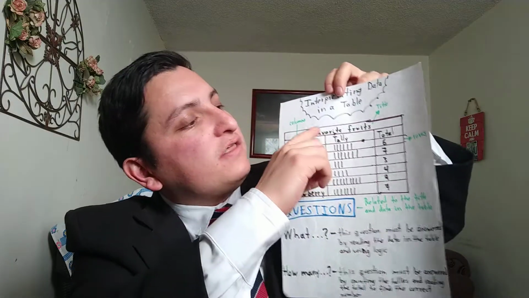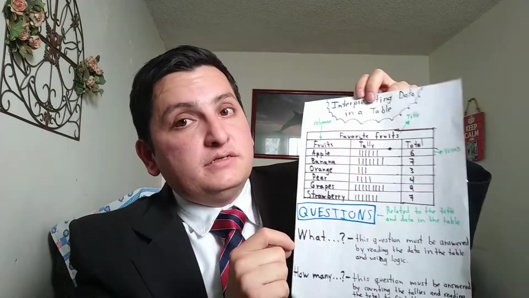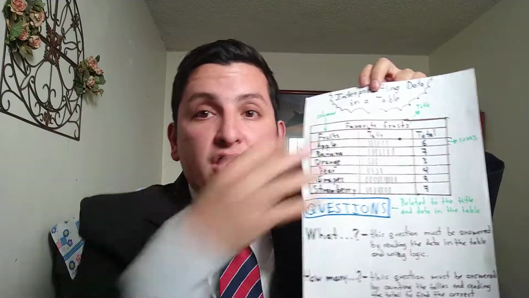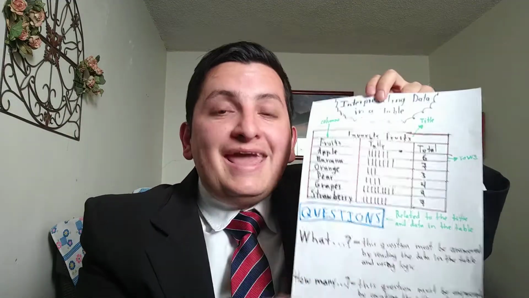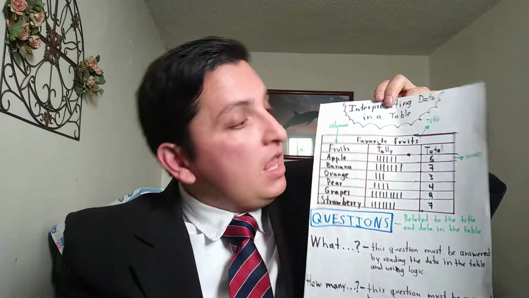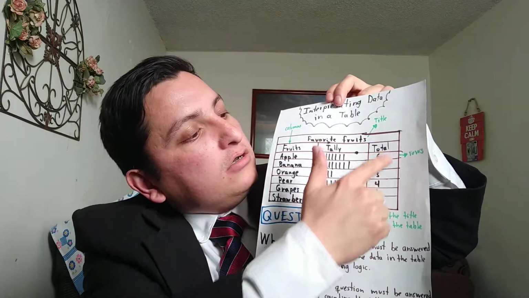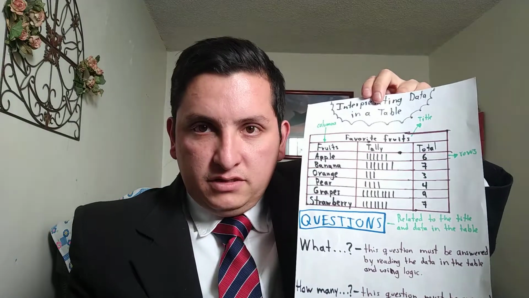Remember that the first thing that we have here is the title that gives you the information, the main topic about all the data inside this table. Also, we have columns, you see? Remember that columns are vertical, right?